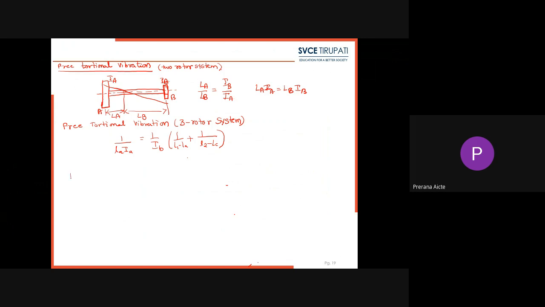And then the torsionally equivalent shaft: assume that there is a shaft, so the lengths are given L1, L2, L3 and L4, and diameters D1, D2, D3 and D4.